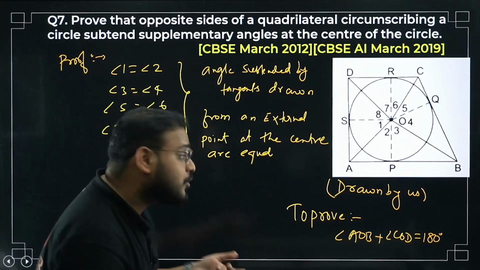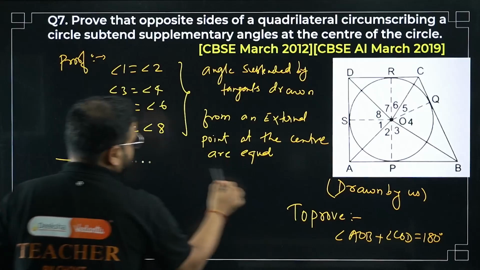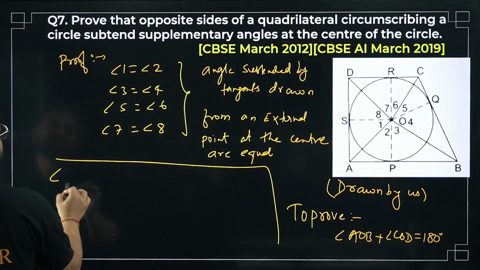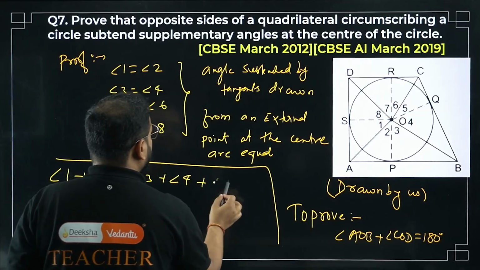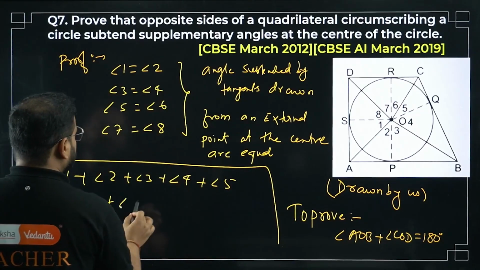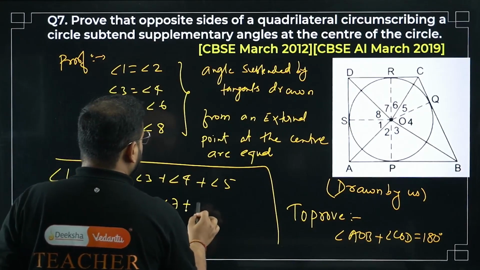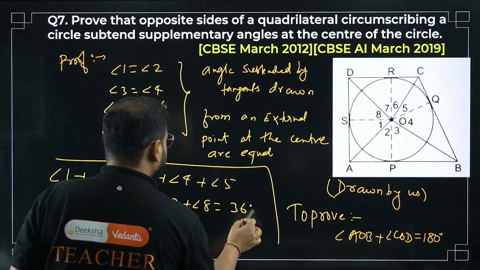Now we also know something very, very important: angle 1 plus 2 plus 3 plus 4 plus 5 plus 6 plus 7 plus 8 is how much, sir? 360.